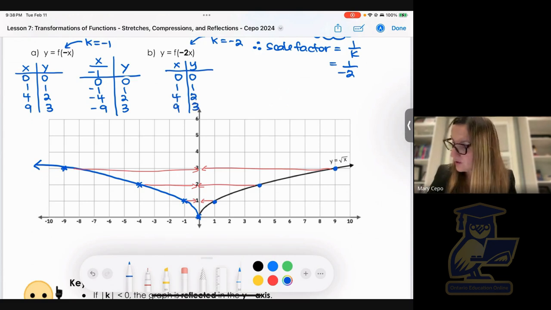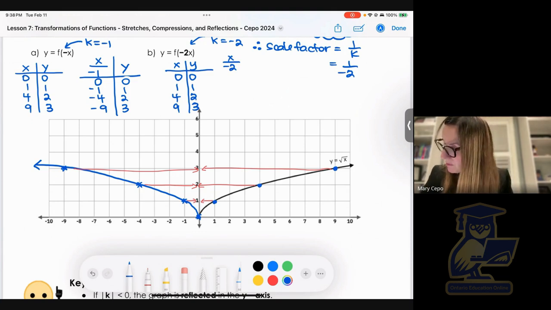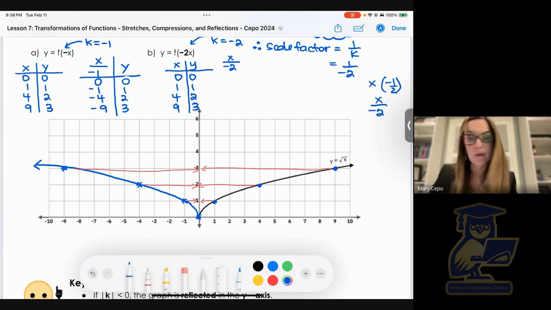So we're going to take each of my x values and I'm going to divide it by negative 2, or it's the same thing as multiplying by negative 1/2. So keep in mind x times negative 1/2 is the same thing as x divided by negative 2. Okay, so that's just simplifying that.